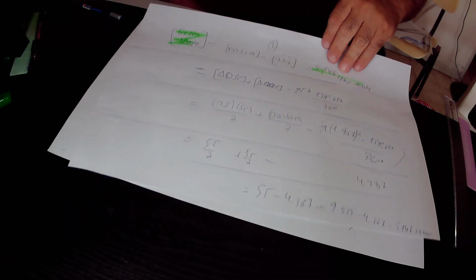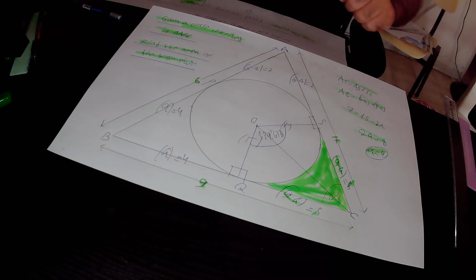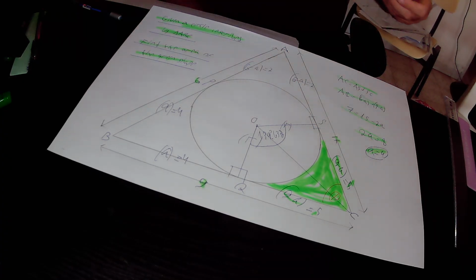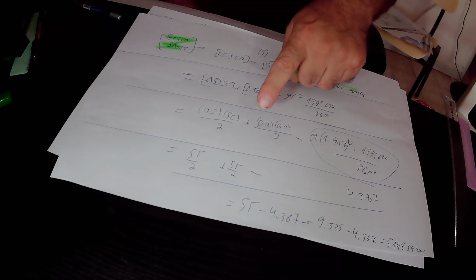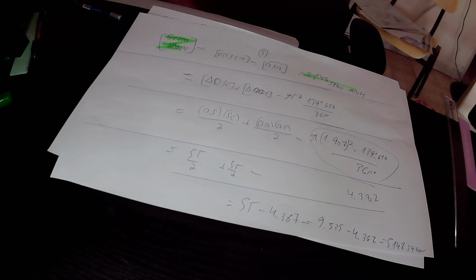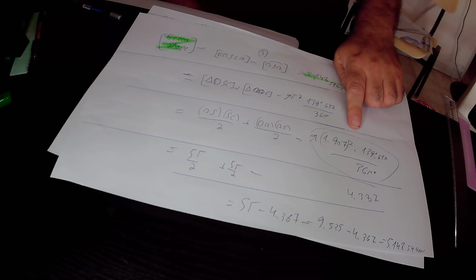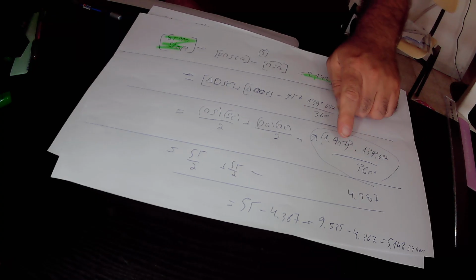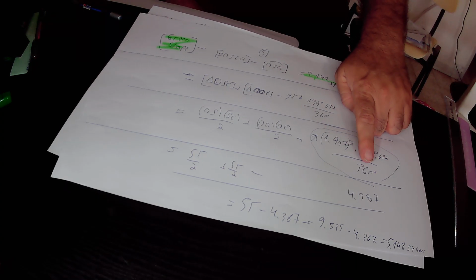Likewise, OQ is the radius of the circle, equal to R, and QC is 5, divided by 2. Minus the area of sector OSQ. In total, the value of this expression equals 4.387 square meters.